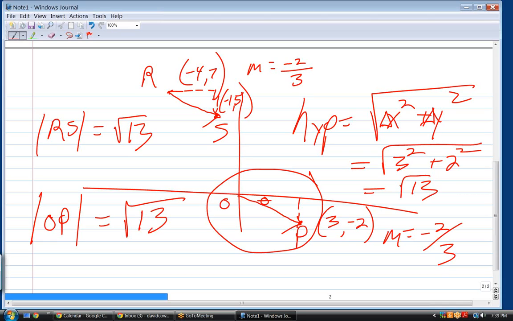What's theta? Even though they didn't ask for that. If I'm looking at this triangle here, this dimension is 3, this dimension is 2. What is theta?